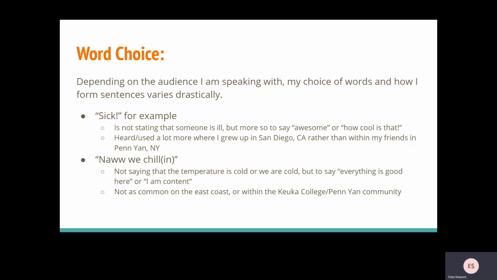But then you have this interesting moment where you get me from the West Coast and my friends from the East Coast, and we live together, and all of a sudden you pick up on people's mannerisms and the way people speak. Halfway into the semester, my roommates were saying, now we chill. And I was like, look at you. You start to pick and choose what you use in your own daily speech because of the audience with whom you are communicating. So it's very interesting.